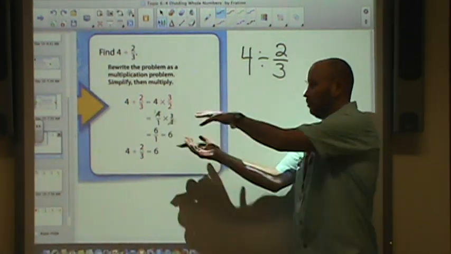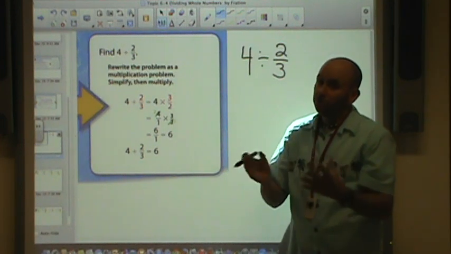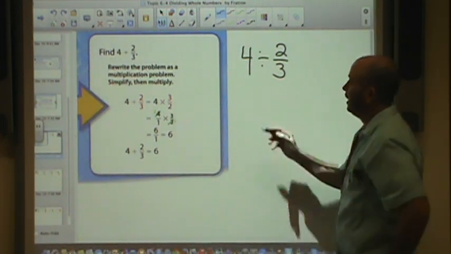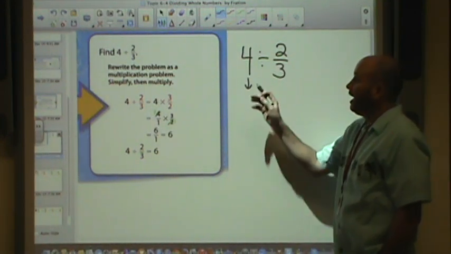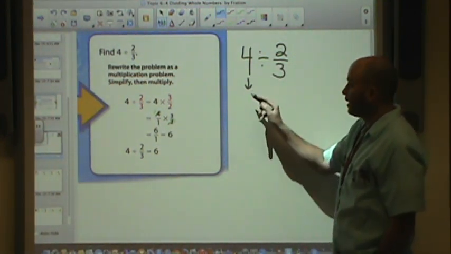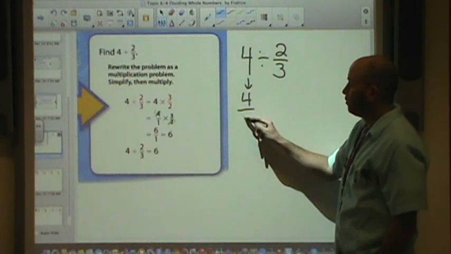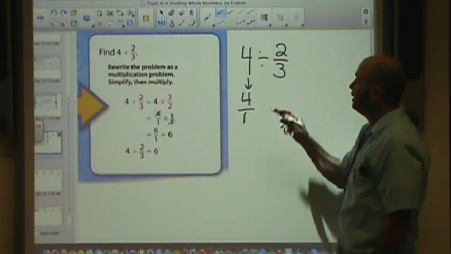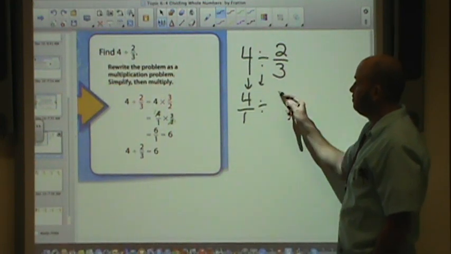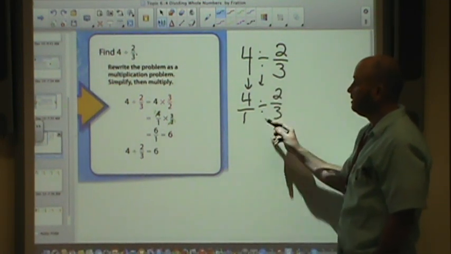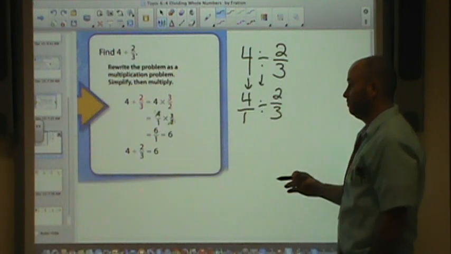This is one way of looking at the layers. I'm going to show you another. 4 needs to be rewritten as an improper fraction, so it will be 4 over 1. Then we're going to bring down everything else to keep it the same, because this is sometimes an easy way of doing it.